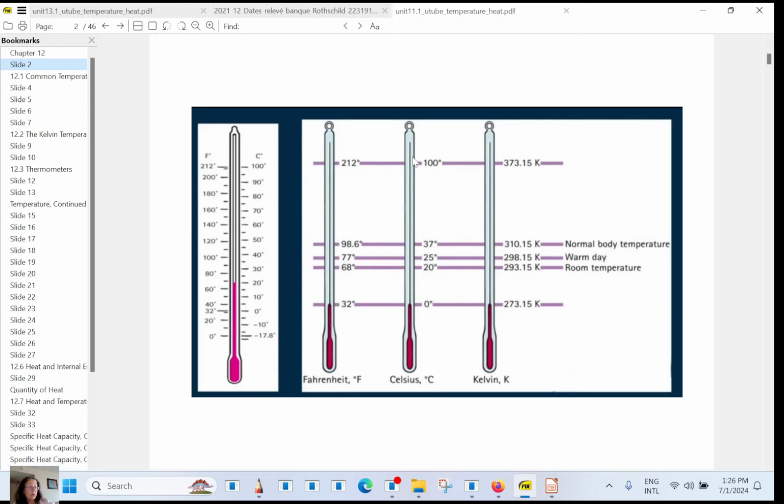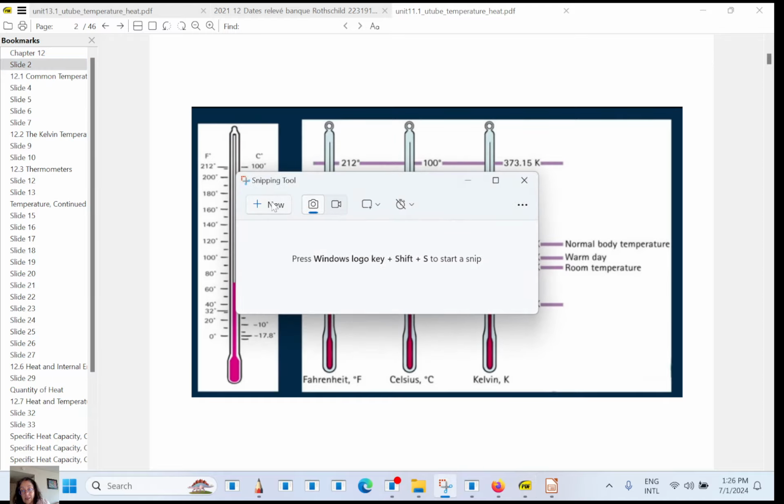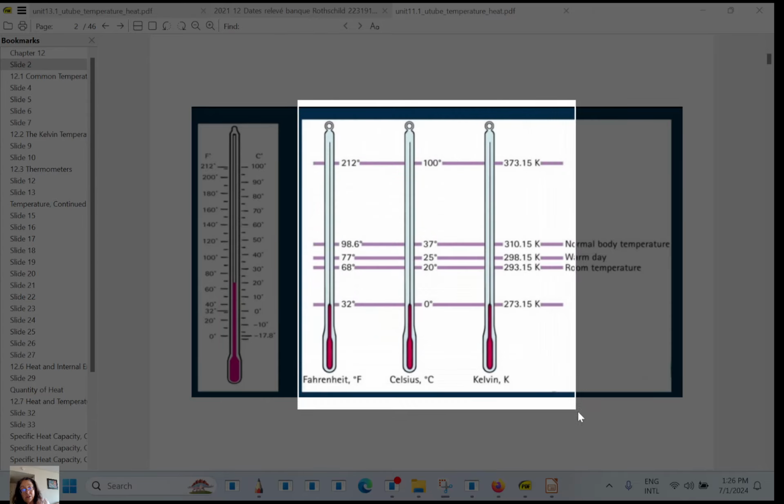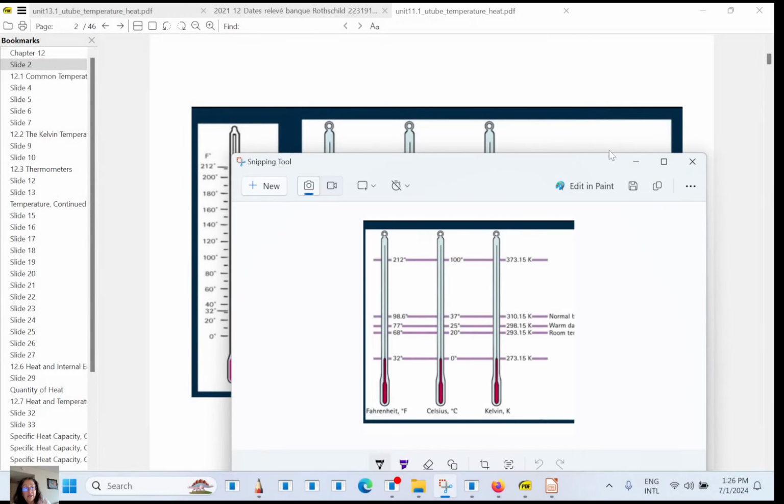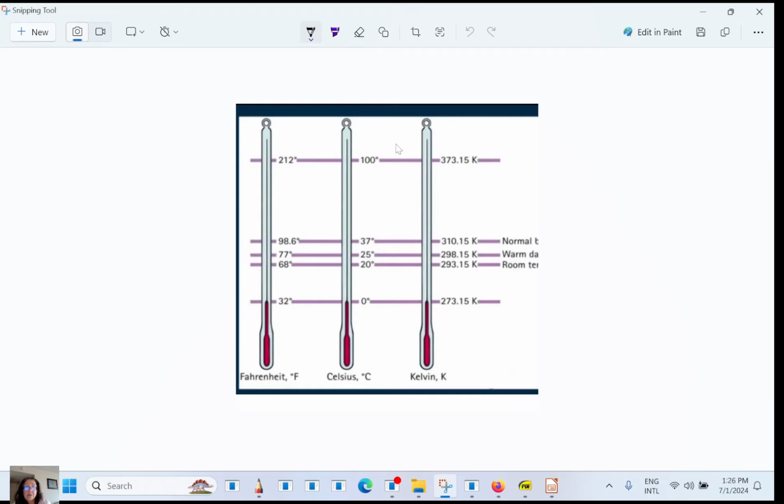The first thing you can see here, and that's how you don't need to memorize the relationship between Celsius and Fahrenheit, is that between 0 and 100 degrees you have 100 steps. So it's a centigrade scale. Here you have 180 steps.